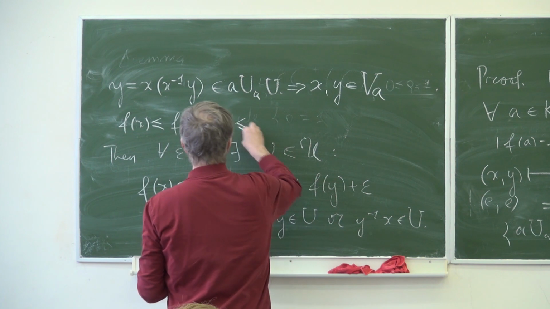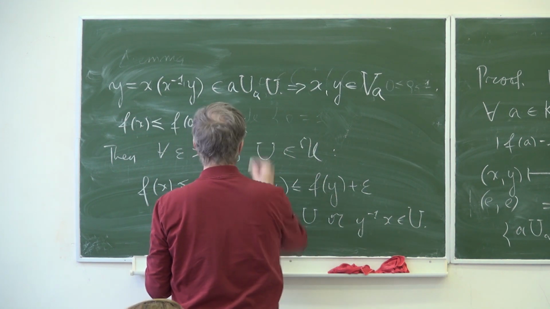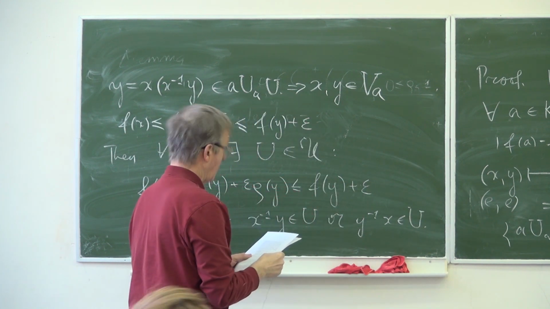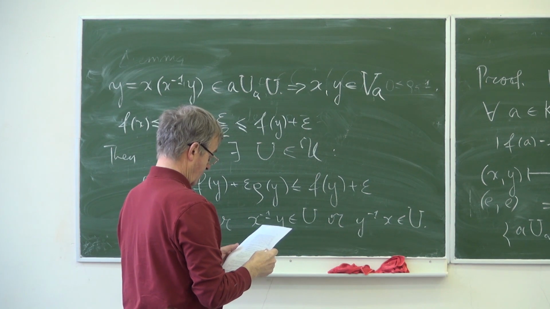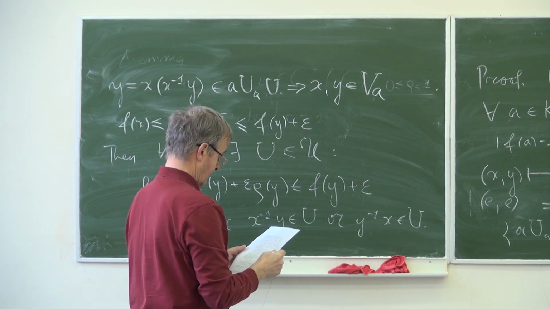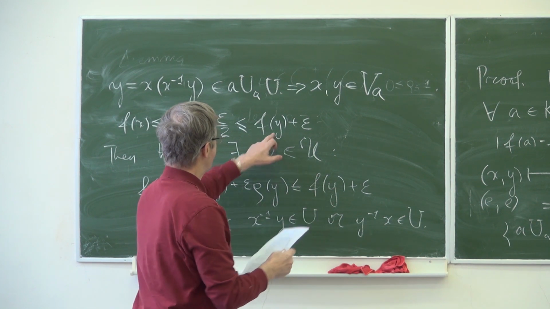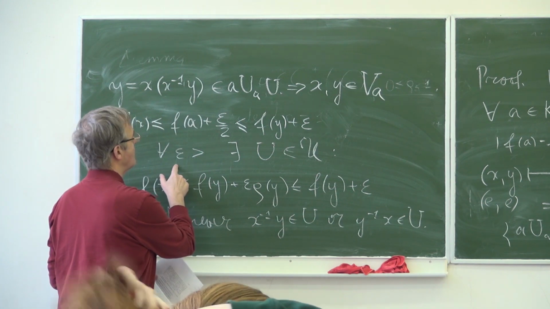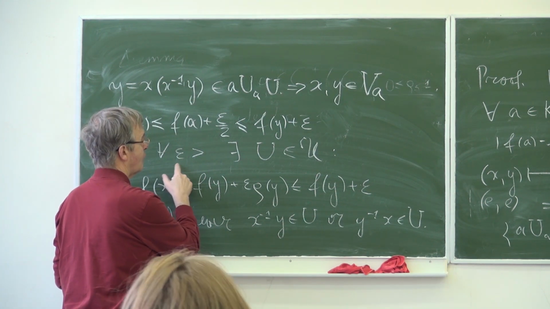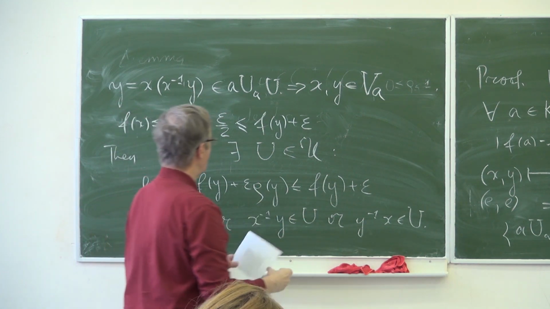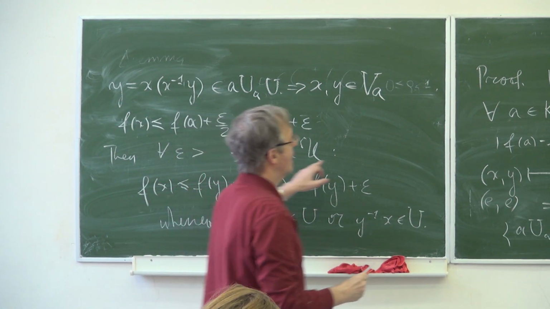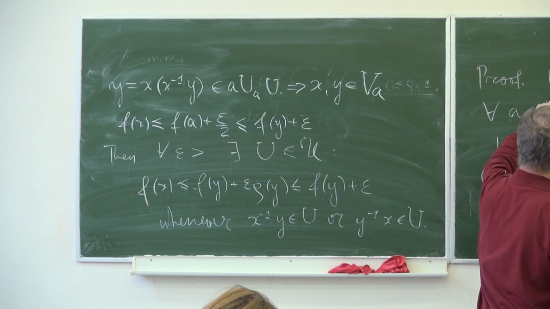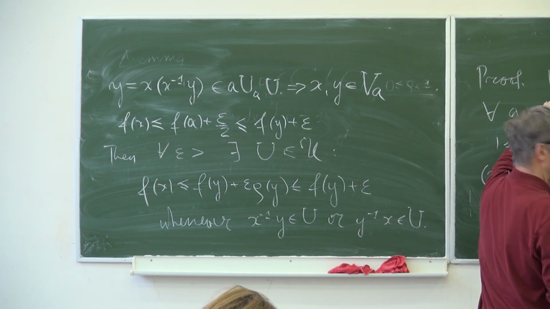So this is less than or equal to f of y plus epsilon. And it is clear that at this point y, our function rho is equal to 1, because you see, we took this interior and everything happens inside W.